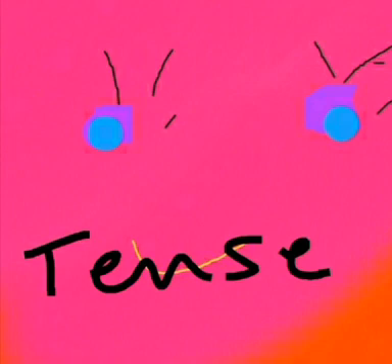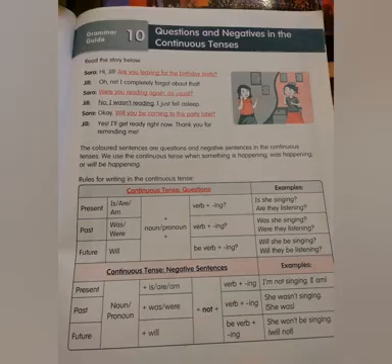It will be very easy to understand. The simple rule to follow while studying tenses is that we use the continuous tense when something is happening, was happening, or will be happening. Now, here we are focusing on negative and question forming. Hope this lesson, this video will help you to understand this nicely.